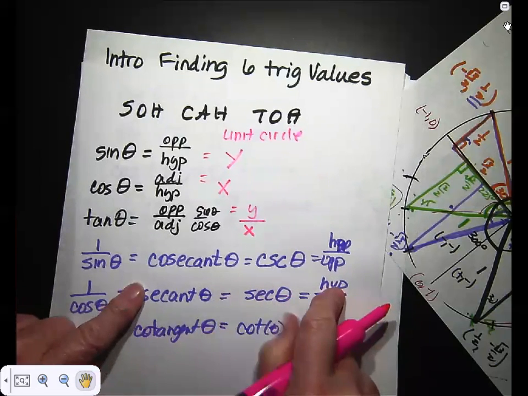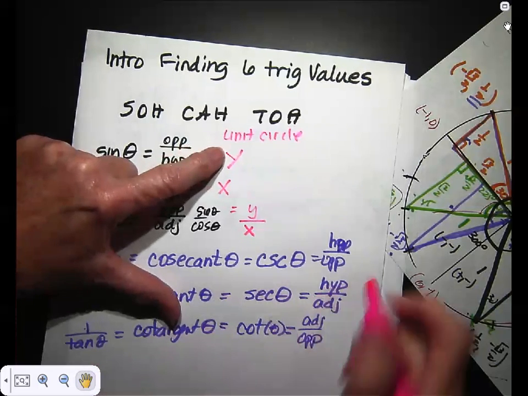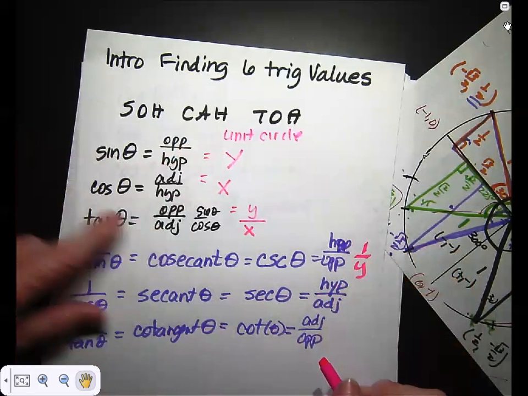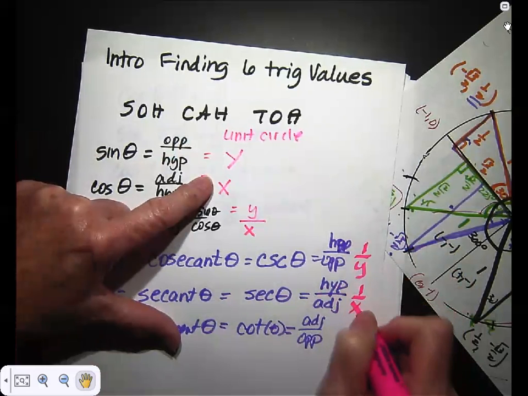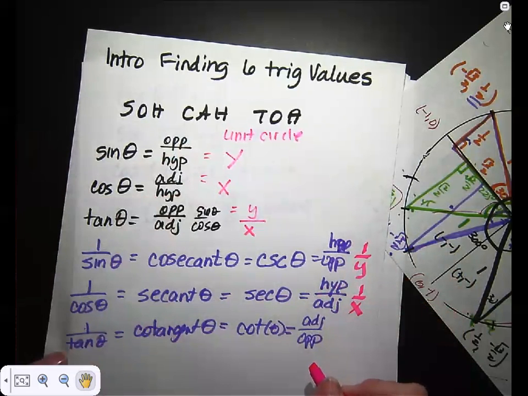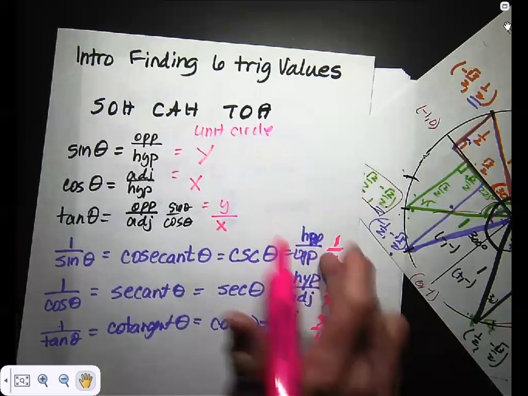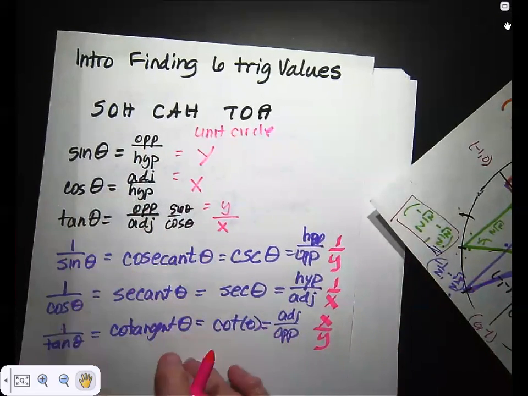In the unit circle, 1 over sine, so flip sine, so cosecant is going to be 1 over y. Secant flips this one, so 1 over x. And cotangent flips this one, so it becomes x over y. So I can use the unit circle values that I have to evaluate these as long as I'm doing a unit circle.